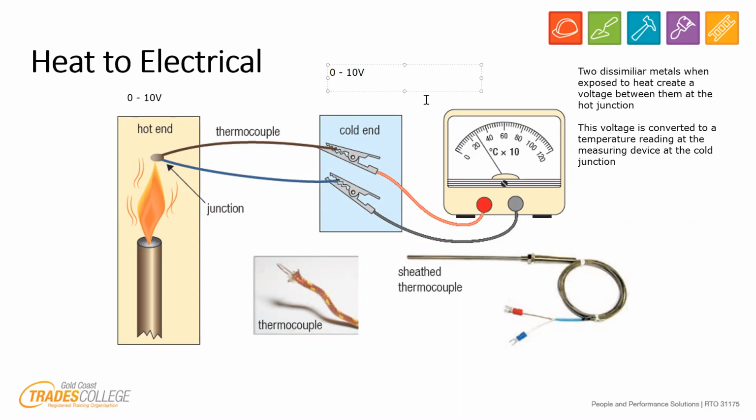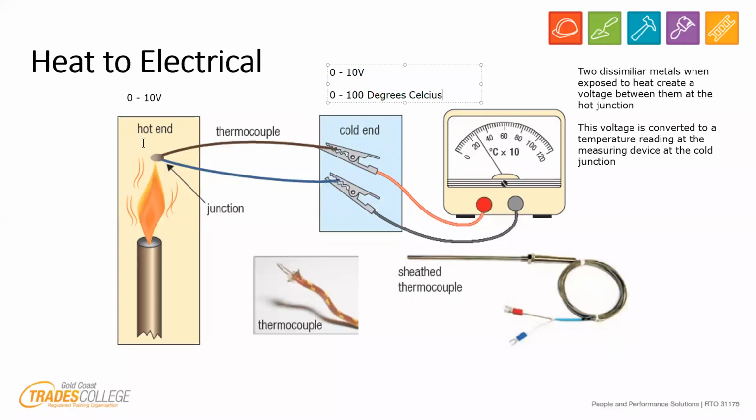And there'll be something inside the cold junction which will be clever. And you'll say, well, 0 relates to 0 degrees. 10 volts relates to maybe, I don't know, 100 degrees Celsius. So that's the way they work inside.